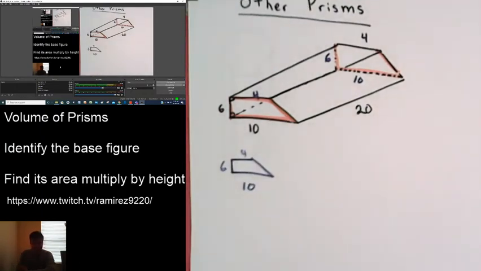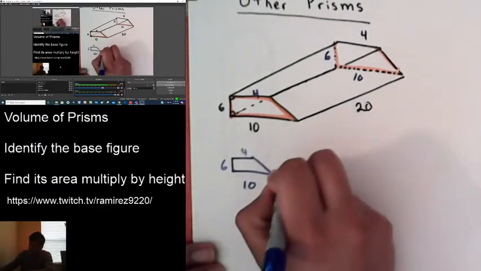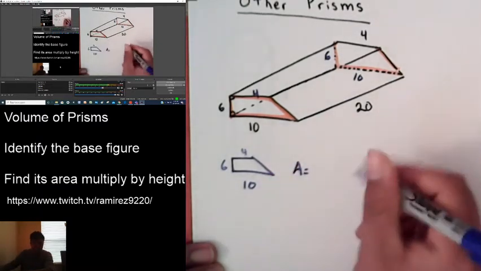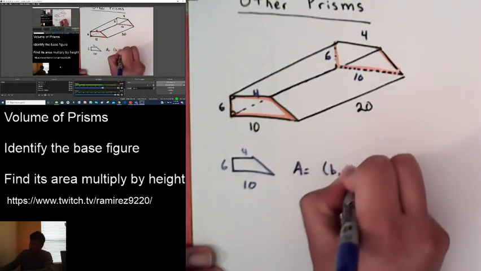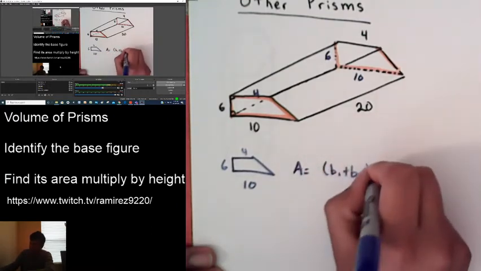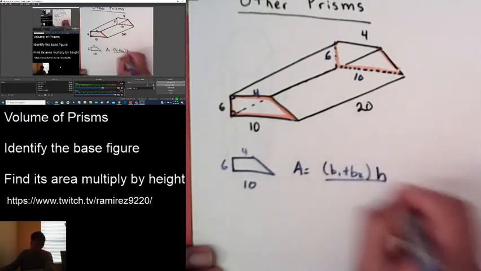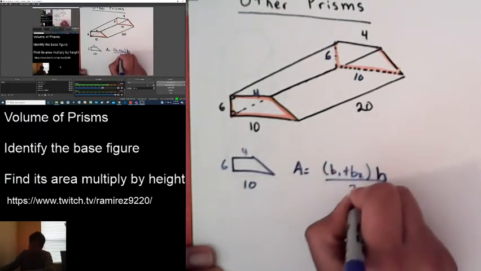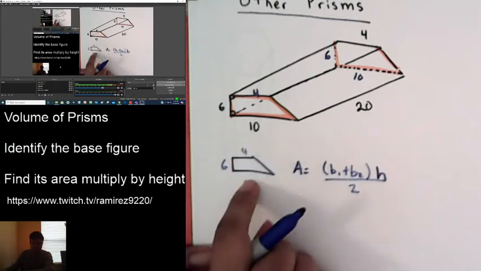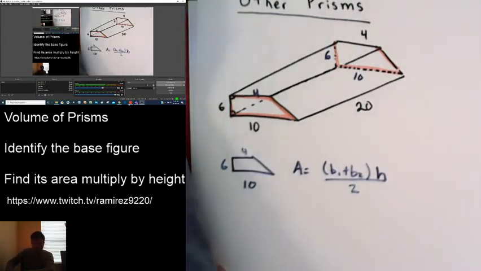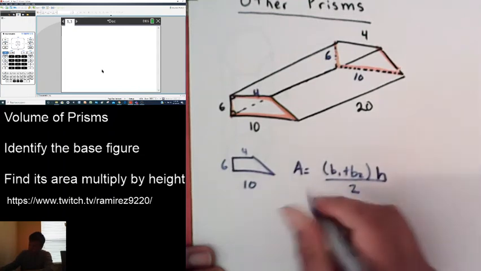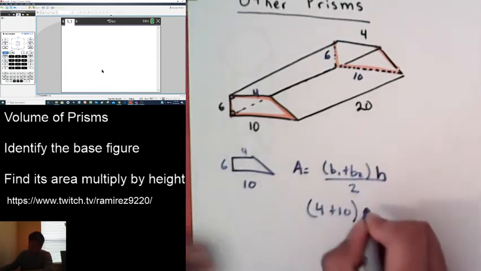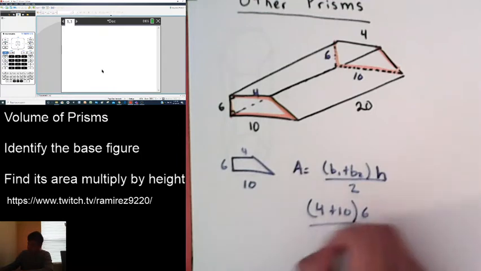To find the area of the trapezoid, I'm going to use the trapezoid area formula, which is the sum of my bases times my height, divided by 2. My bases are 4 and 10, so it's going to be 4 plus 10 times my height, which is 6, divided by 2.